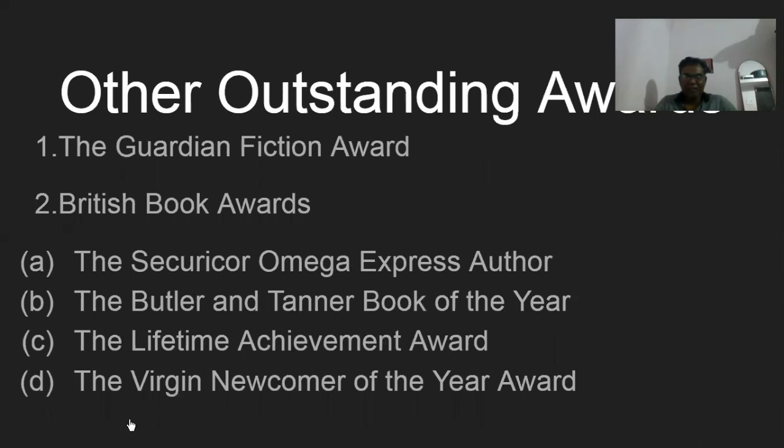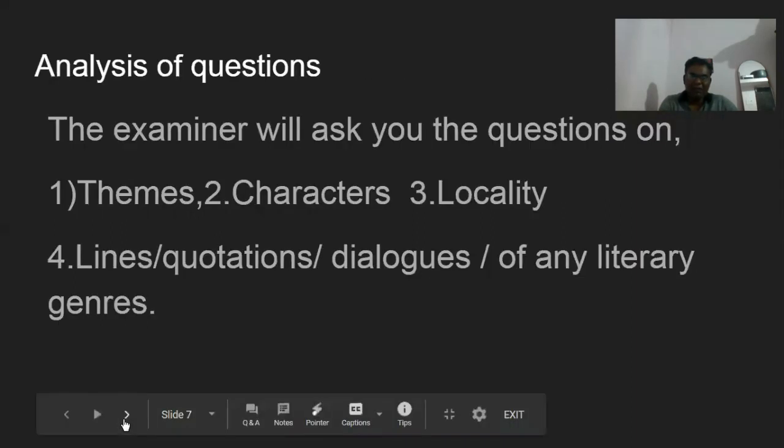The Guardian Fiction Award is also categorized in four categories. The British Book Awards include the Securicor Omega Expression Author, the Butler and Tanner Book of the Year, the Lifetime Achievement Award, and the Virgin Newcomer of the Year Award. These are some awards which would be asked in your examination.